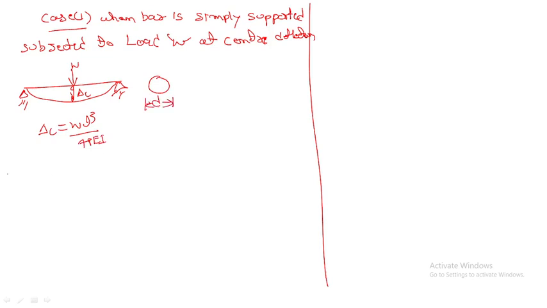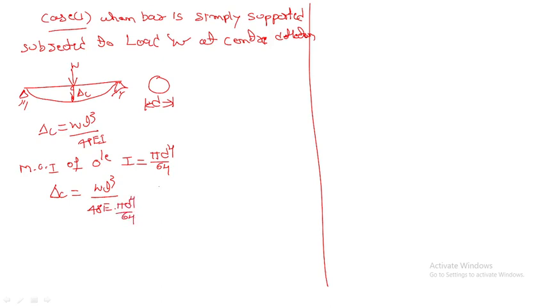Now the moment of inertia of a circular section, I is equal to pi d raised to 4 divided by 64, right? So the delta C is equal to WL cube divided by 48 E into I, where the I value is pi d raised to 4 divided by 64.